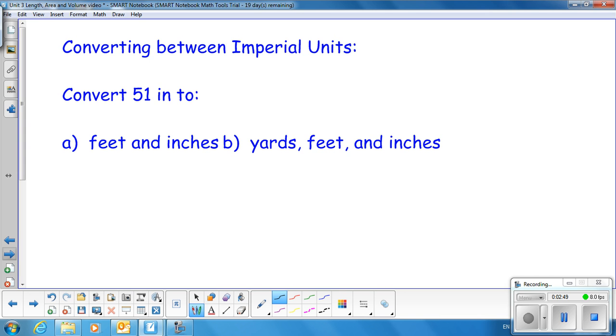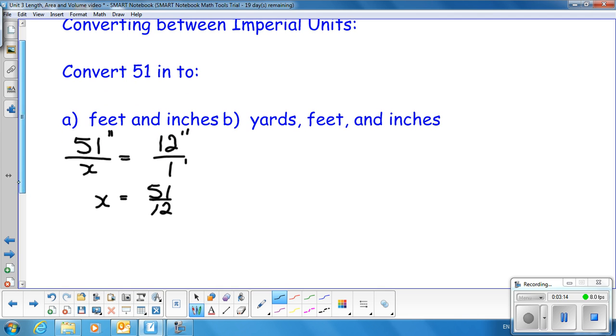Convert 51 inches into feet and inches. So we want to know how many whole feet there are and how many inches are left over. We can do it the same way and set it up so that we have 51 inches and we want to know how many feet. If there are 12 inches in 1 foot, cross-multiplying, we end up with x being equal to 51 divided by 12, which means that we have 4 whole feet.